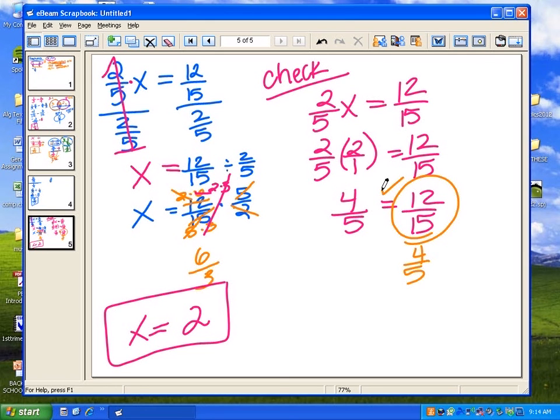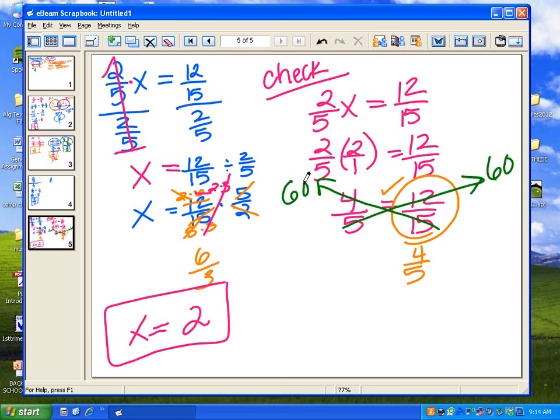Okay, there's another way to compare fractions. You can cross multiply. So 5 times 12 gives me what? What's 5 times 12? 60. And 15 times 4 is 60. Does 60 equal 60?